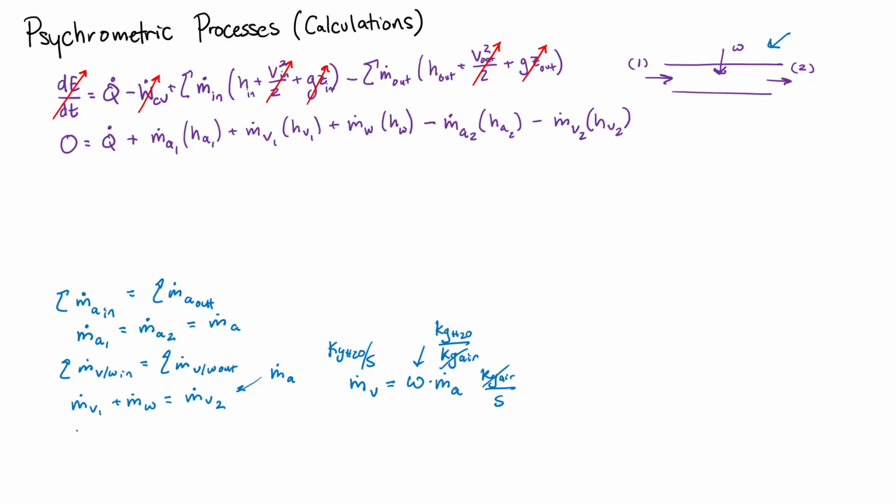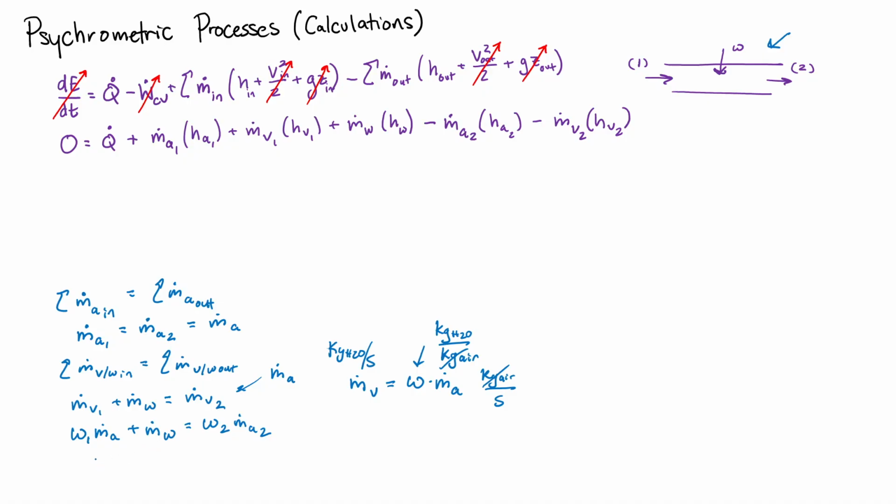So I can go ahead and put that right here. So I have omega 1 times m dot air. And remember that m dot a1 is equal to m dot a2. So those are the same. I can just write in m dot air, plus m dot water is going to be equal to omega 2 times m dot air 2.